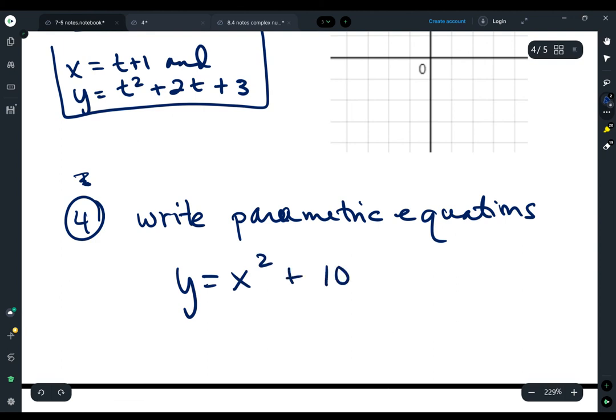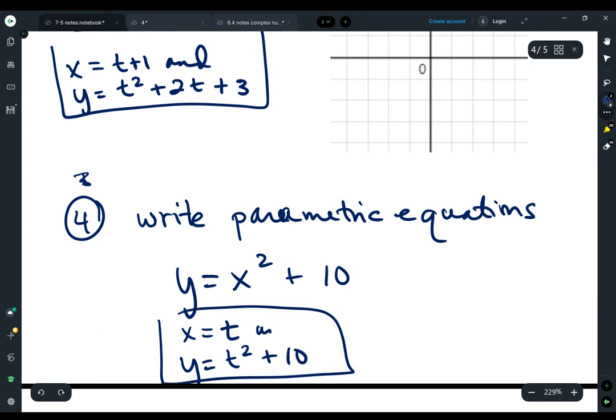And so because they're leaving this open and they're not telling me what t needs to be equal to, I can let t equal whatever I want. So in this case, I am just going to write that x equals t because that's really easy. And then that would mean my y is just going to equal t squared plus 10. So this could be a set of parametric equations.